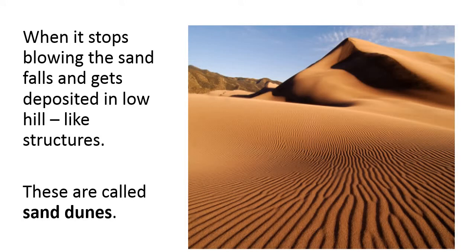These are called sand dunes. So the wind is carrying sand, and when the speed of the wind drops, all the sediments are deposited and it looks like a hill-like structure. This is called sand dunes. It is very clear from this figure.